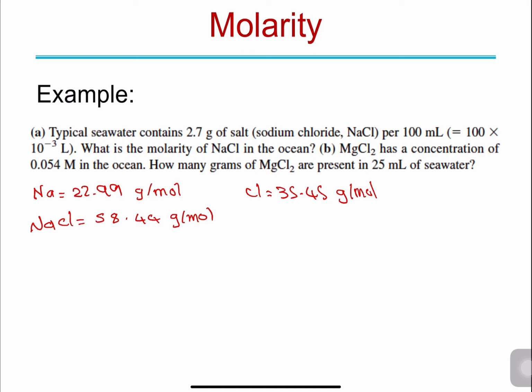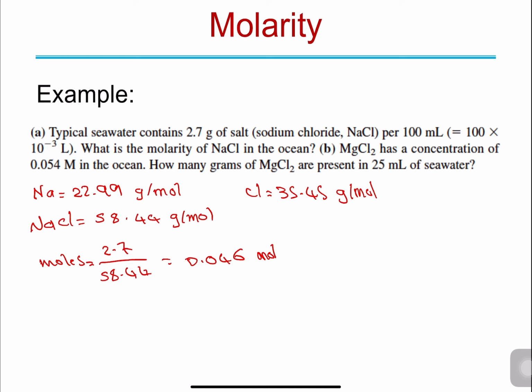So now I need to know how many moles there are. The moles here will equal the mass, which is 2.7 grams, divided by the molecular mass, which is 58.44. So the answer here will be 0.046 moles of sodium chloride.